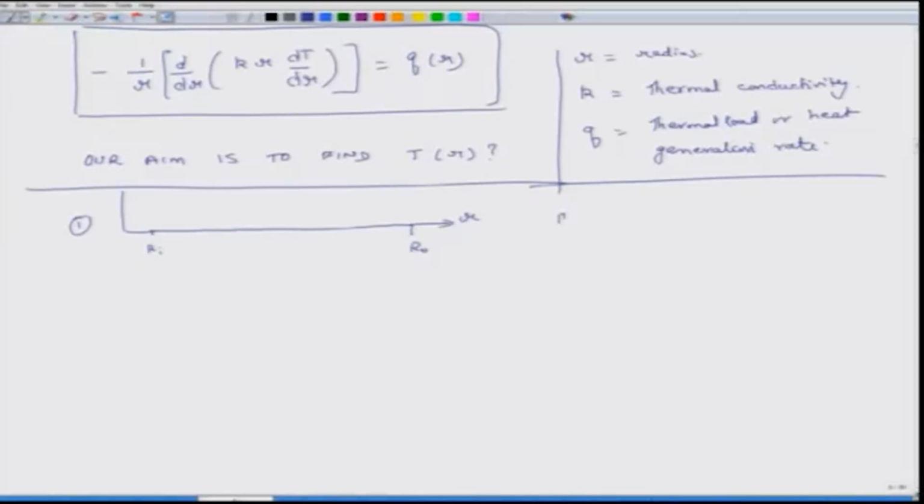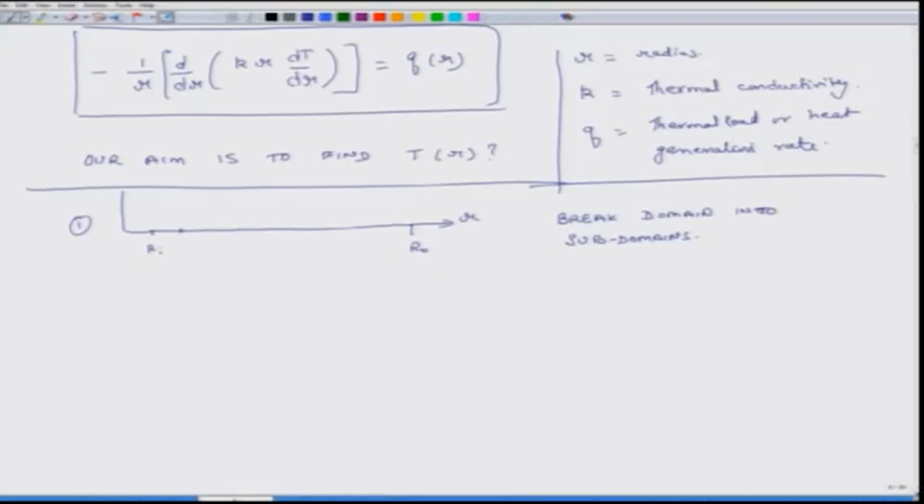So, I break the domain into subdomains. Subdomains. So what I am doing? I will break it up into, let us say, n elements.